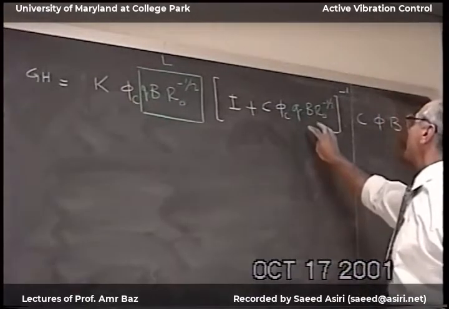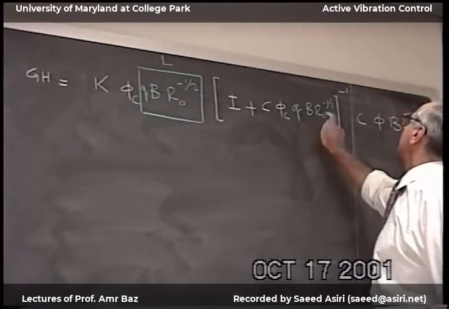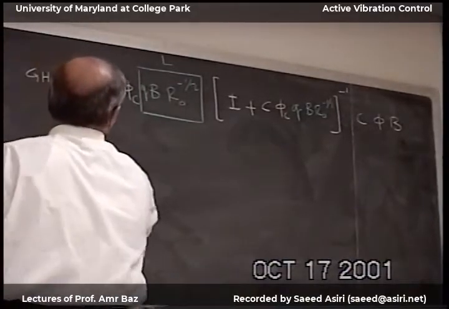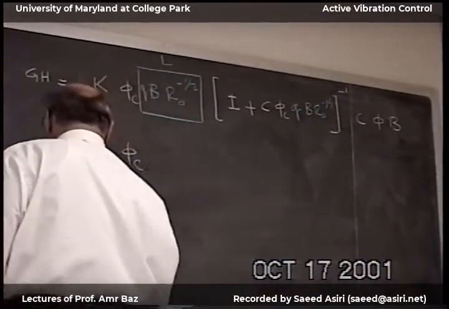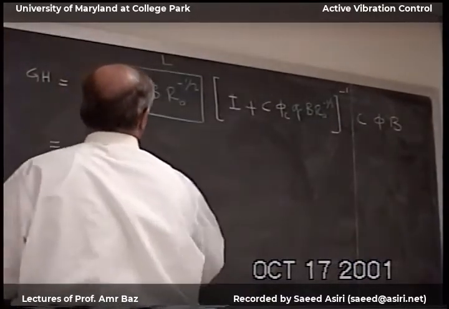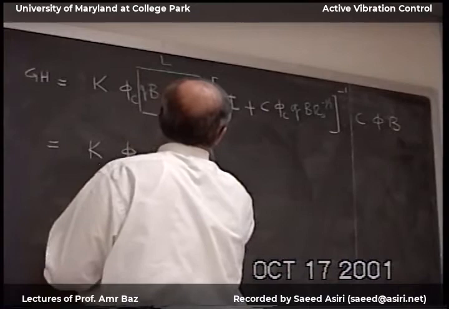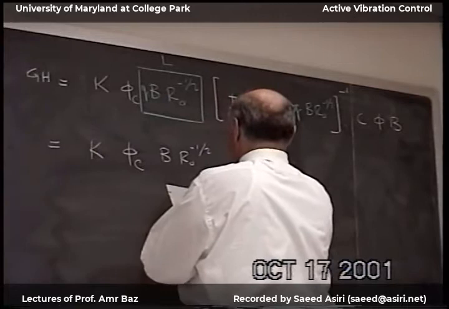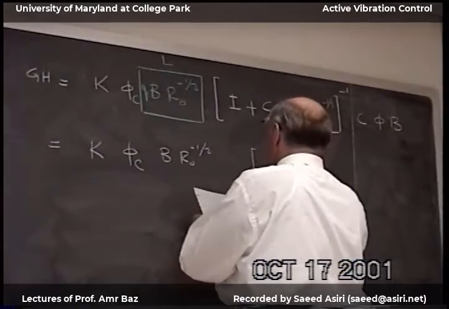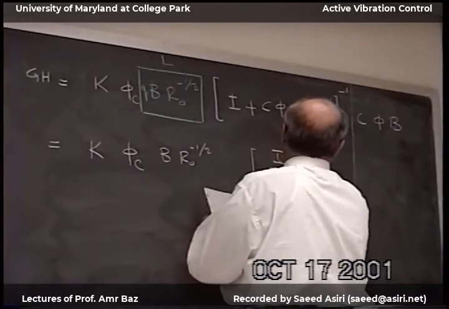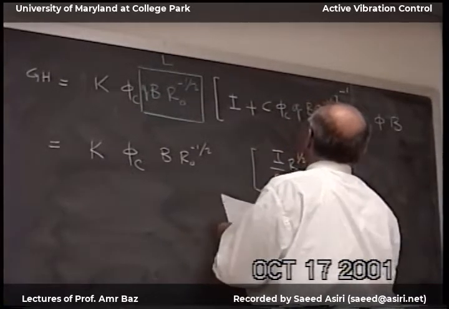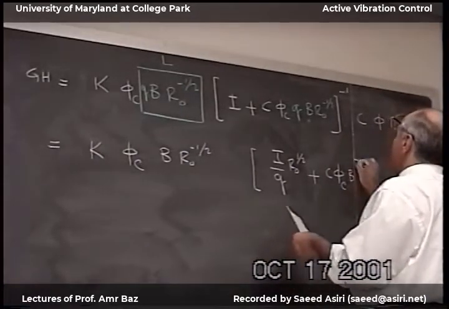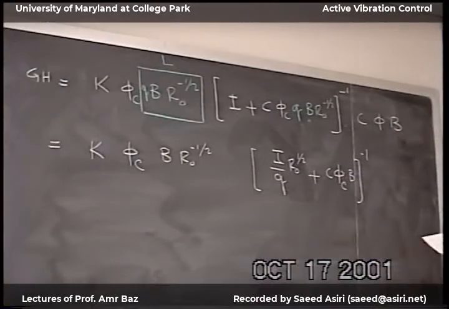Okay, I'll factor out the Q and R0. So this will equal to K, P, C, and then we have B, R0. And then I have here I over the Q R0 to the minus 1/2 plus C, phi C, and B and inverse.